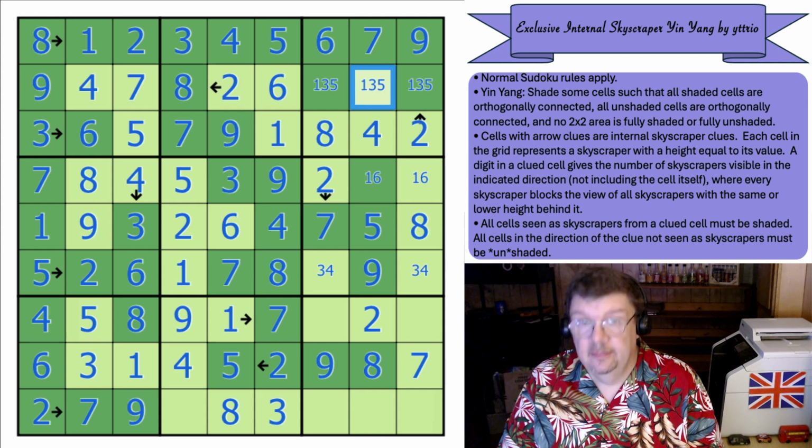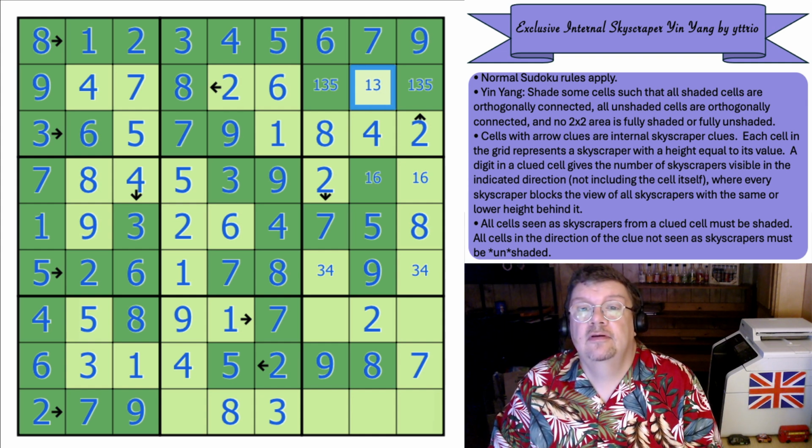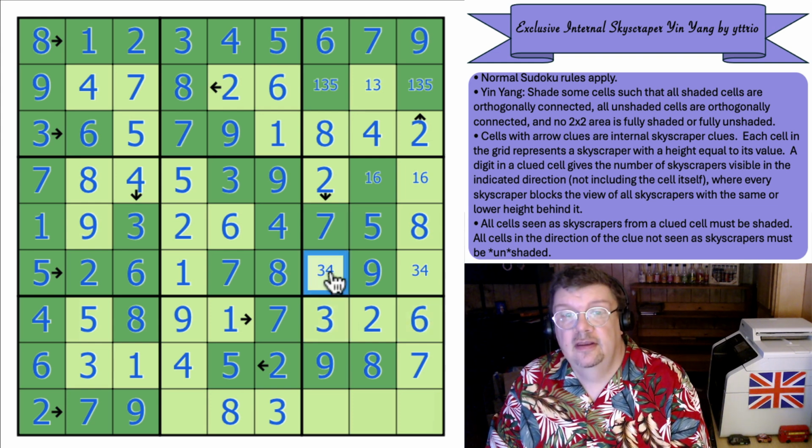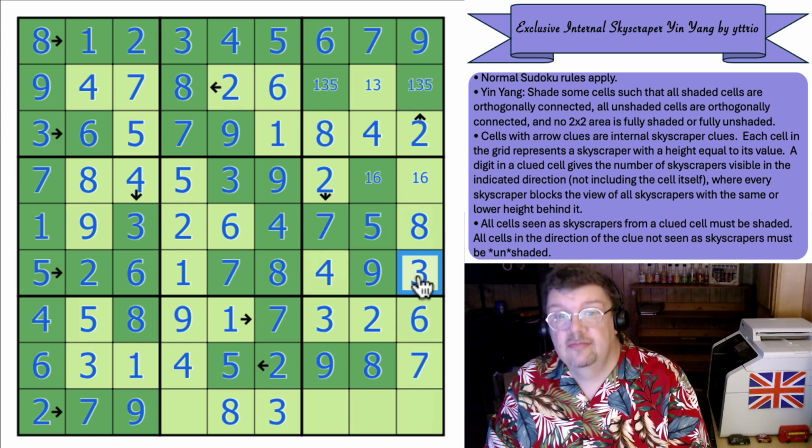That 5 is looking up, making that not 5. So these two digits are 3 and 6, which I can do. 3 there, 6 there. That gives me a 4 and a 3.